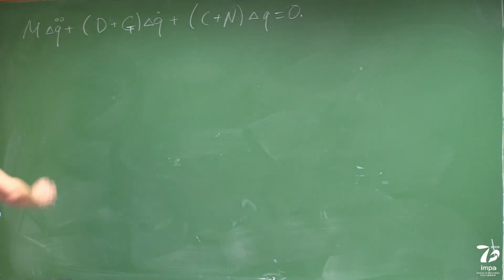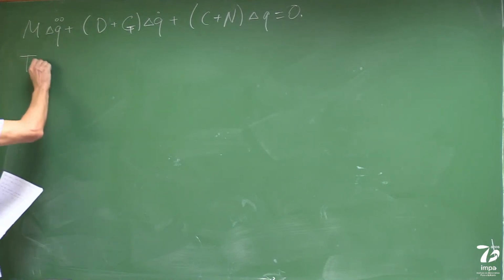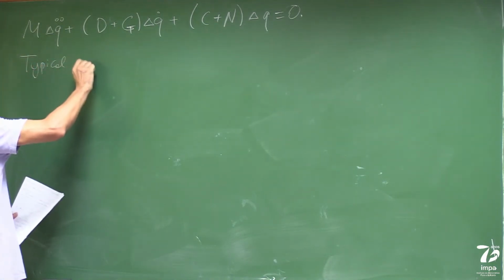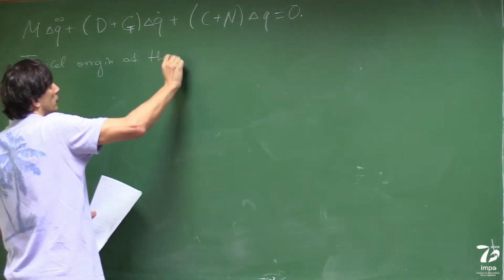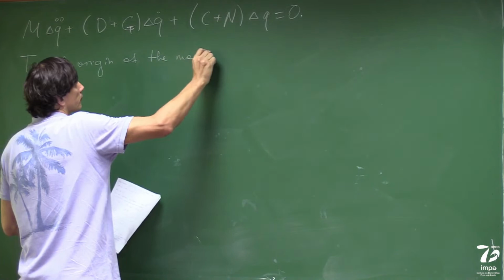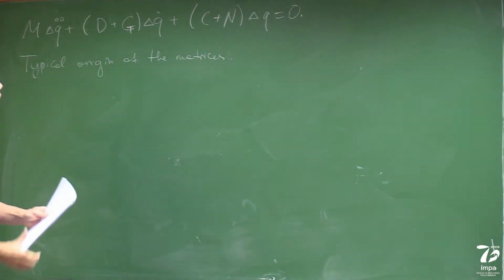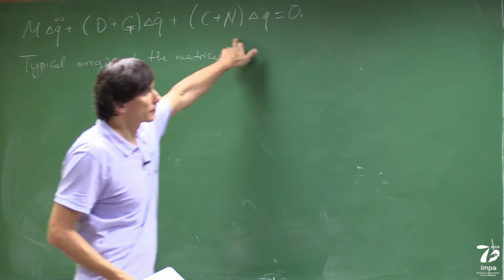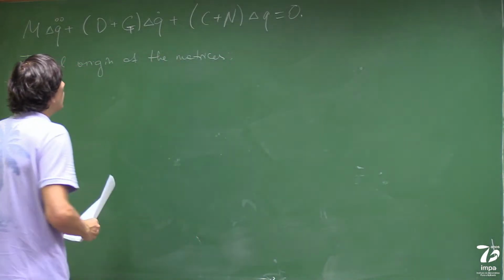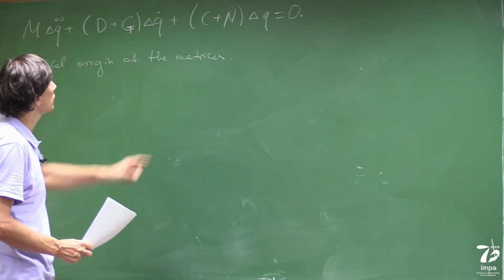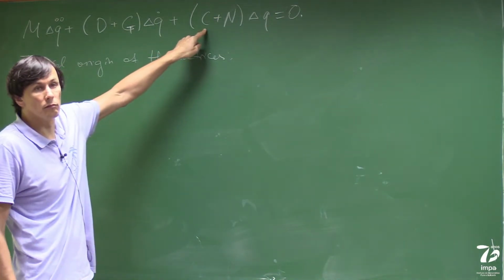And now the typical origin of the matrices. Where do these matrices D, G, C, and N come from? We already know where C comes from.